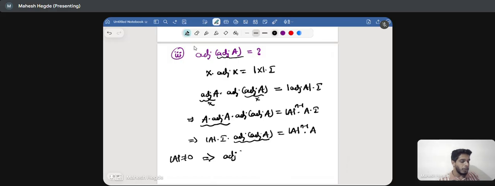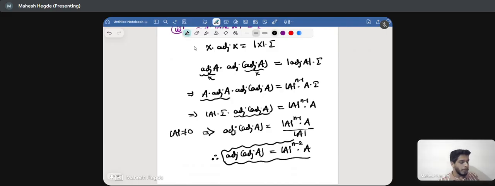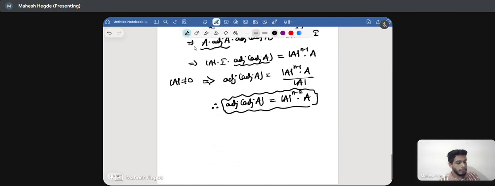So the required result: adjoint of adjoint of A is equal to determinant of A power n minus 1 into A matrix divided by determinant of A. Hence, adjoint of adjoint of A is equal to determinant of A power n minus 2 into A. So the third result that we have seen is adjoint of adjoint of A is equal to determinant of A power n minus 2 into A.